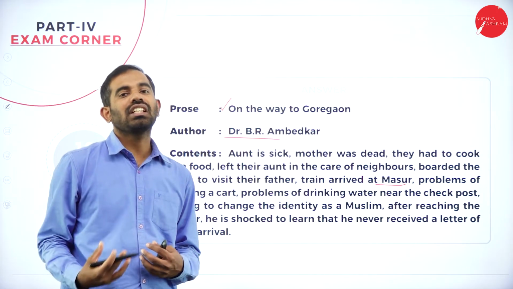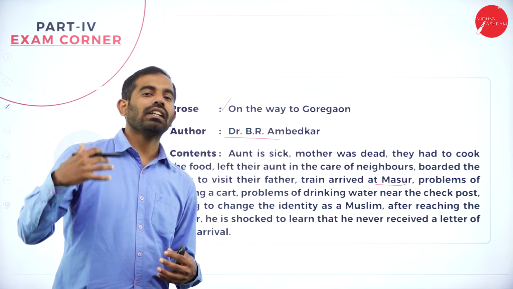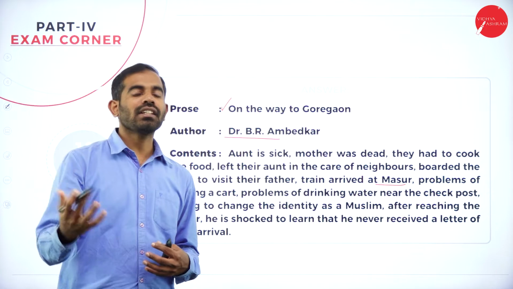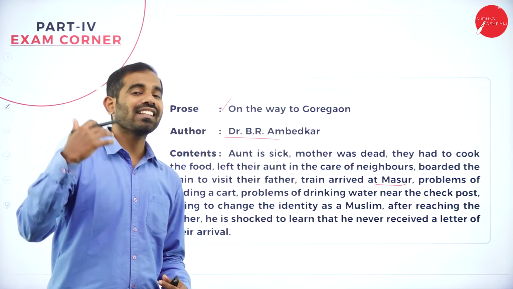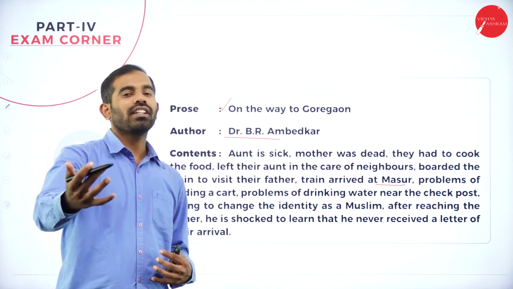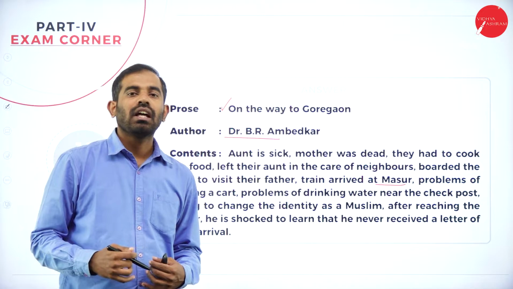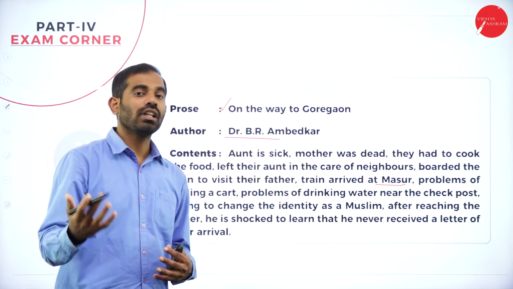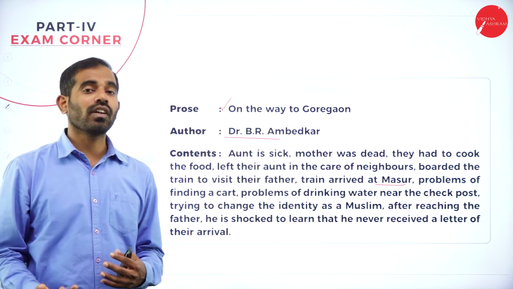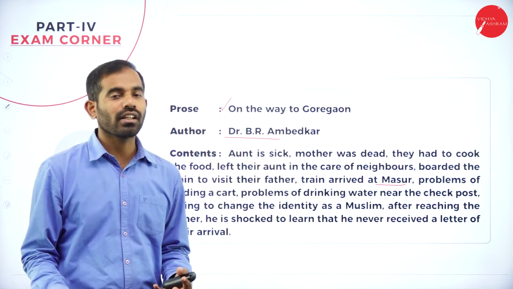He feels disgusted to talk to them, but later somehow he is convinced that he should help them, and he finds the cartman, but the cartman is not able to take them to Gurgaon. And what are the difficulties they face? They have to drive the cart by themselves, and it takes more than 10 hours to reach the destination. On the way, it is very difficult because they have eaten food, but they don't have water to drink.